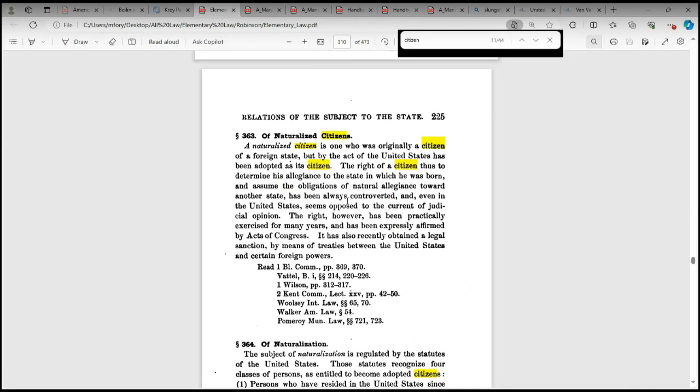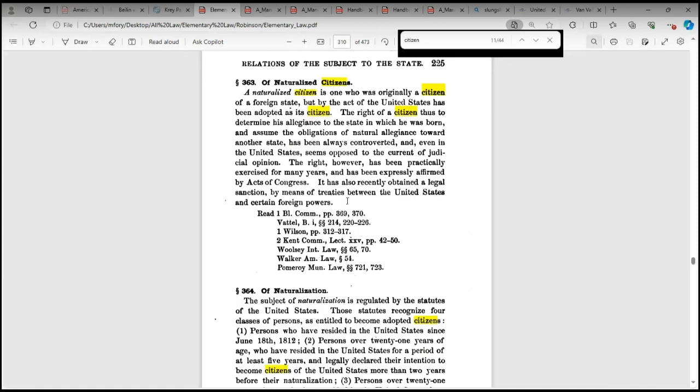Section 363. A naturalized citizen is one who was originally a citizen of a foreign state, but by the act of the United States has been adopted by its citizen. The right of a citizen thus to determine his allegiance to the state in which he was born and assume the obligations of natural allegiance towards another state has always been controverted, and even in the United States seems opposed to the current of judicial opinion.